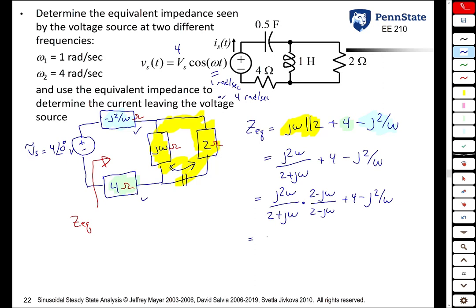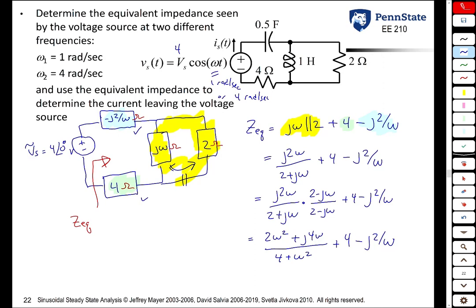We get 2ω squared plus j4ω all over the real part squared, which is 4 plus ω squared, plus 4 minus j2 over ω.